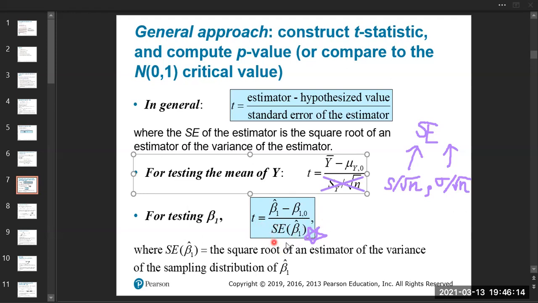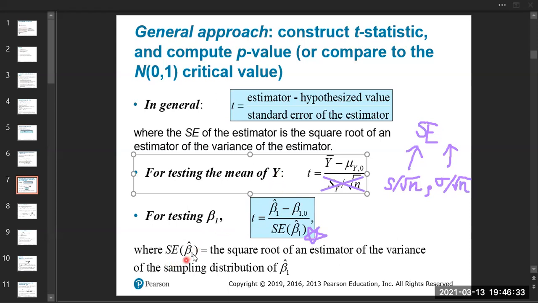Here you don't need to remember the equation of the standard error, because it is usually provided for you in a question. We'll go through a lot of exercises here, so don't worry about it.